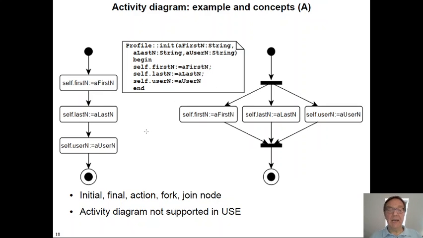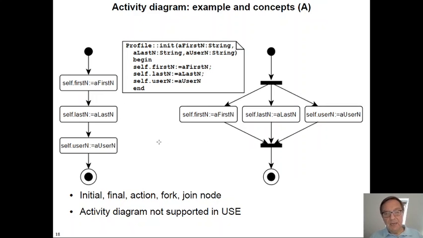As an activity diagram, you can specify it in the form of this graph. So this sequence of actions that is going on here is reflected by an initial node, by a final node, and then some action nodes in exactly this order. An alternative, and this activity diagram directly represents this SOIL operation.